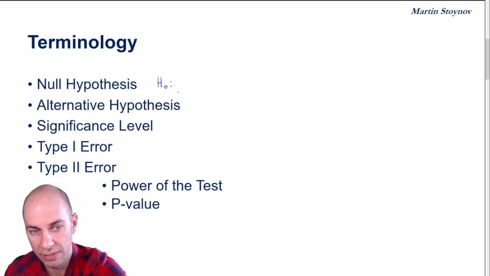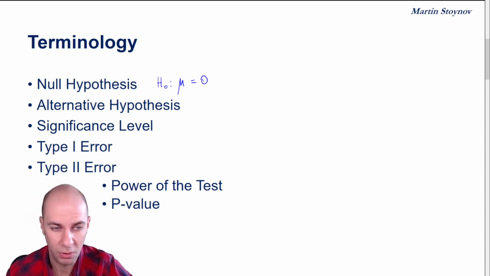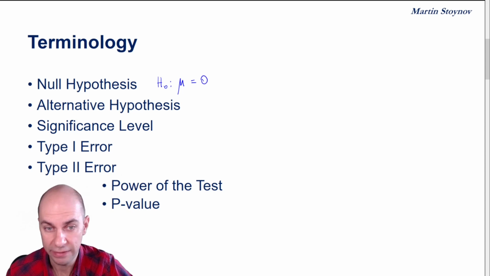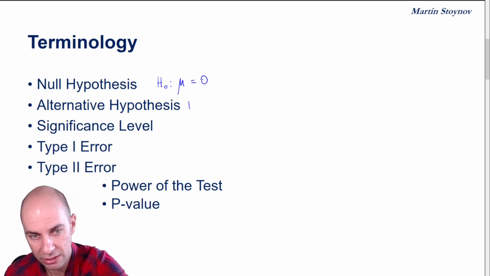So for example, it might say that the mean is equal to 0. I'm probably hoping to discover that the true mean is different from 0. Now, different means that it is either greater than 0 or less than 0. So as my alternative hypothesis, denoted as HA, I might have something like mu is not equal to 0, right?